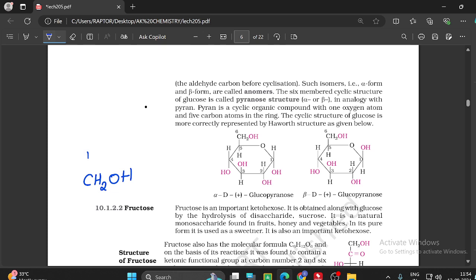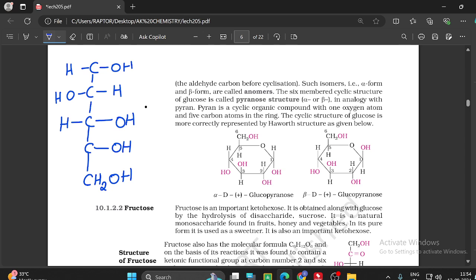You should be very clear with the structure of glucose. Right side OH, then again right side OH, then left side OH. So 1, 2, 3, 4. Fifth carbon right side OH. Am I right? Now see, what about the sixth carbon?